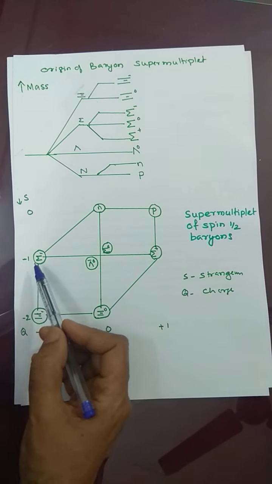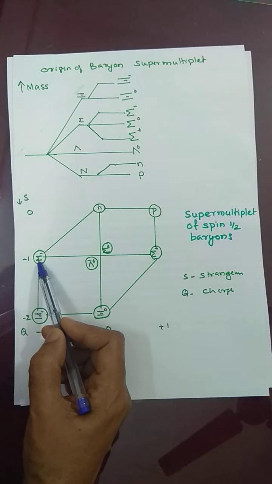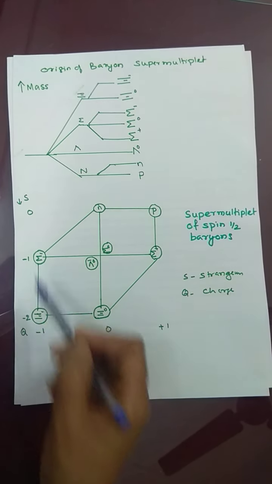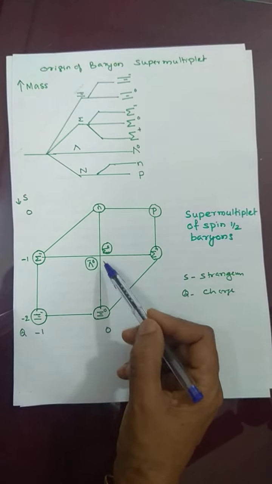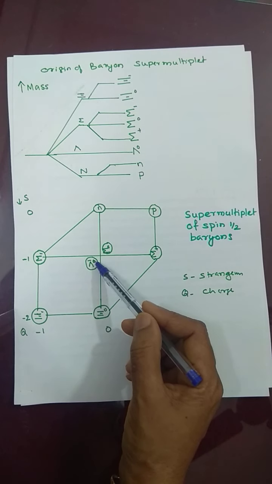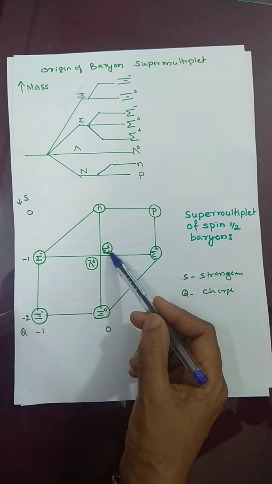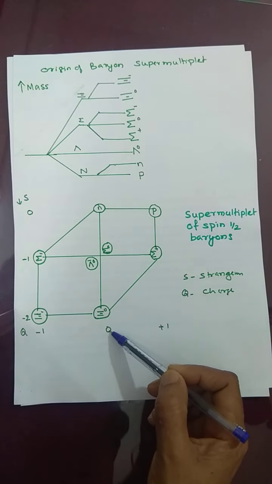Then you come to strangeness -1: you have sigma minus with strangeness -1 and charge -1. Then you have the particles lambda 0 and sigma 0. Both have strangeness -1 and charge 0.